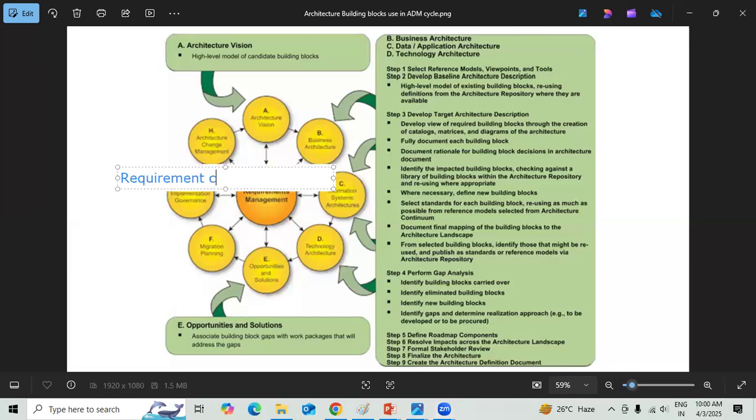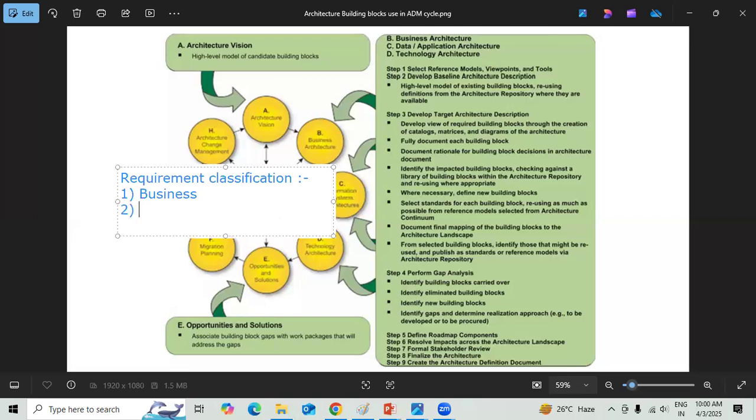First of all, this is important. Requirement classification is point number one as far as requirement management is concerned. When you're talking about requirement classification, the first one is business requirements. Second is stakeholder or end user requirements.